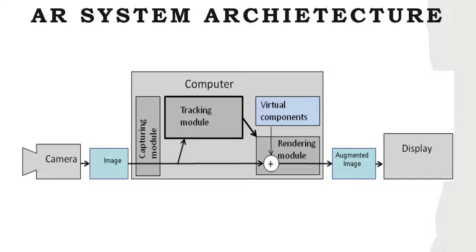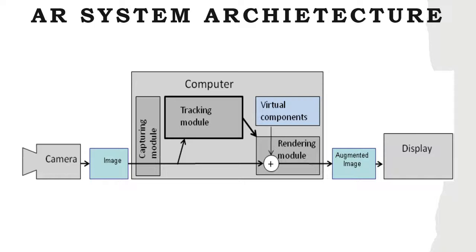Currently I have a decent understanding of how these things work, but I don't know how to develop them, or what algorithms are used. So for that I need to learn computer vision, and I'm also learning that. It is very important for you: if you want to develop your own SDK, you have to learn computer vision. So without any more talk, let's start with understanding the AR system architecture.